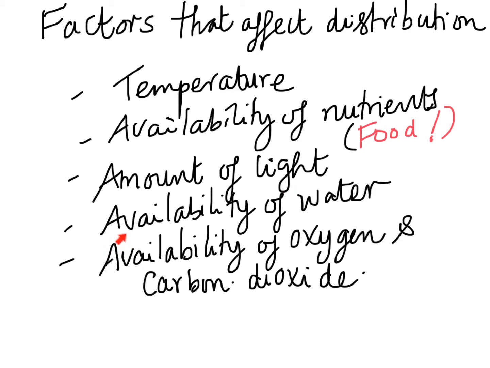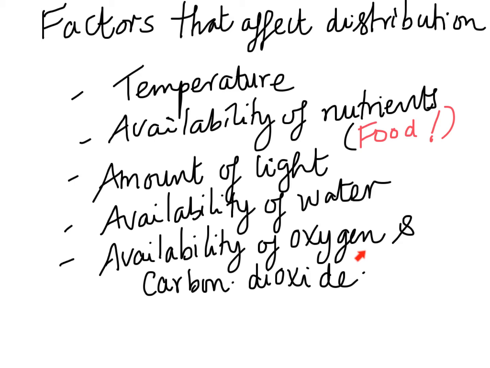That brings us here. Availability of water, more important for plants, but animals, as you know, most of them depend on water. Either they drink it or they absorb it into their body, into their cells. So water is really important for most living things, including plants.